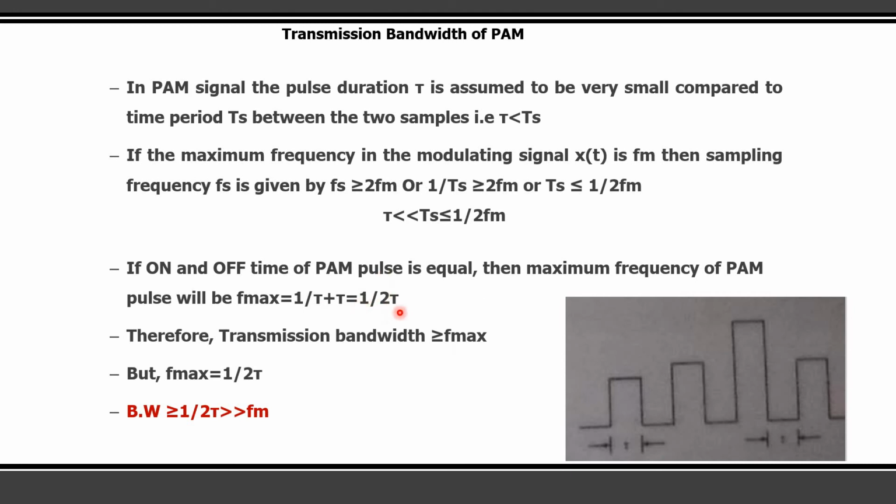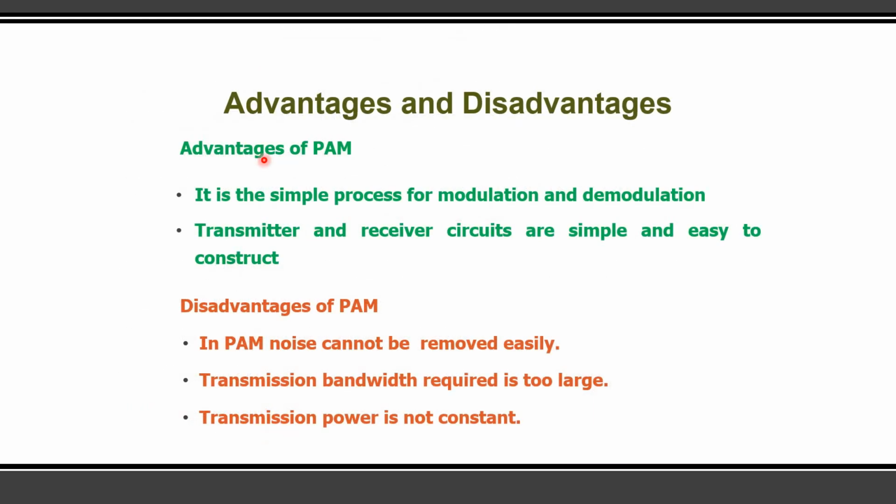So 1 by 2T is the maximum frequency of the signal. In this condition, the minimum bandwidth requirement is greater than or equal to 1 by 2T, or greater than or equal to fm. This is the bandwidth requirement for a pulse amplitude modulated signal.